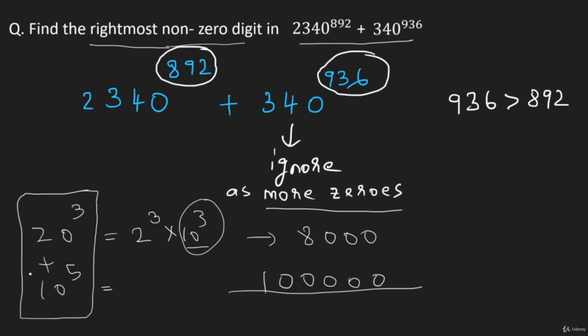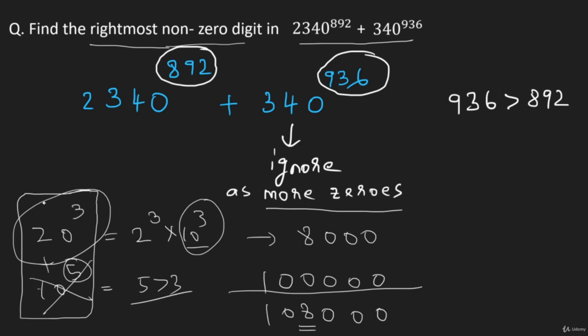Even if I ignore this, I will still get the same answer, that's 8. So if I add them, the answer has to be 8. Because the power is greater, 5 is greater than 3, it has more zeros. So in this type of question, you can ignore this one and you just need to find 2 to the power 3. Over here you can ignore the zeros and this translates to 2 to the power 3, which is 8. That's the answer we are getting over here.